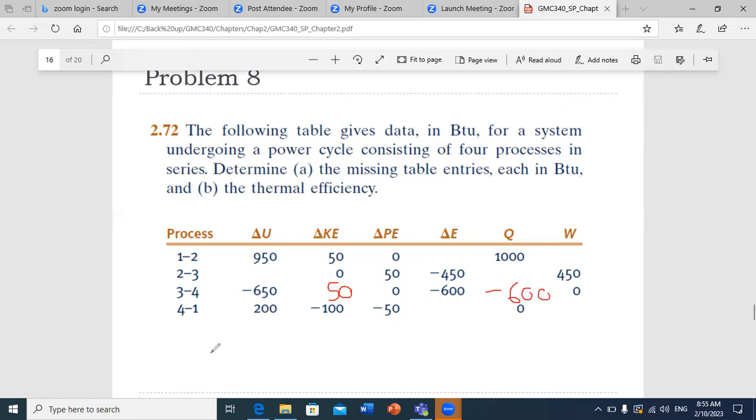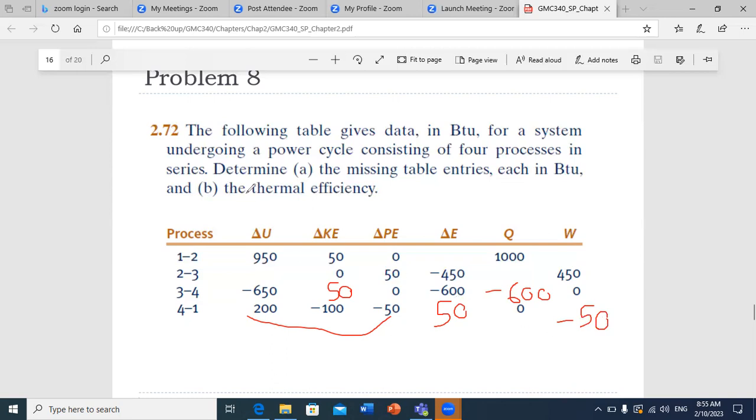And finally, for process from 4 to 1, delta E is the summation here, so 200 minus 150, it's plus 50. And since Q is 0, we know that delta E will be minus W, so W is minus 50. Okay, so now we were able to complete the table.